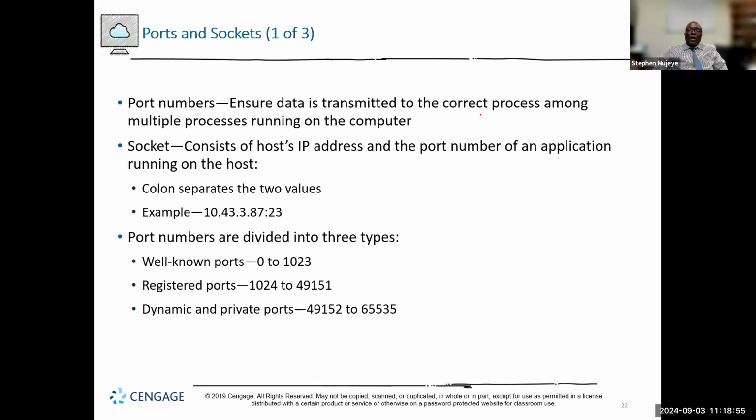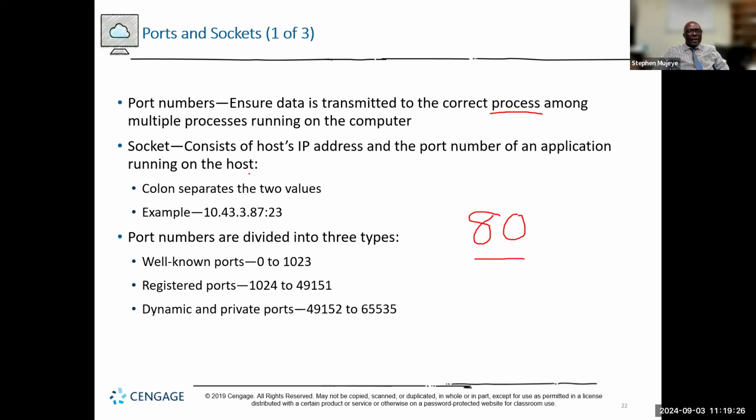Right. So this represents a process that is taking place on a computer, and this process could be taking place on the web. We have a port that is associated with that, port number 80. When port number 80 is open, it means that the process of accessing a website can go on.